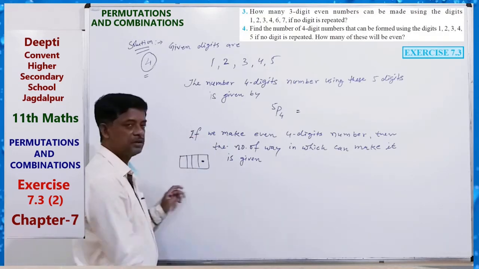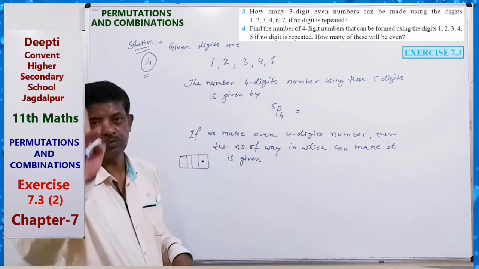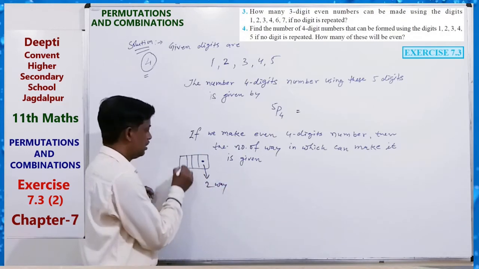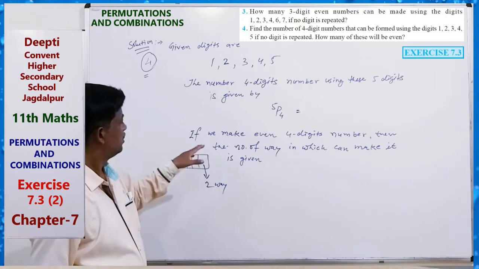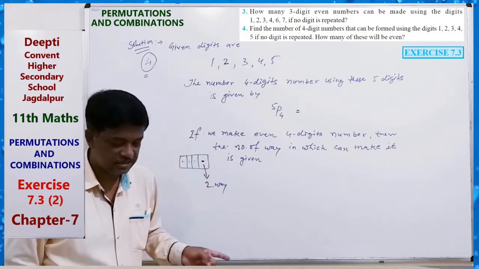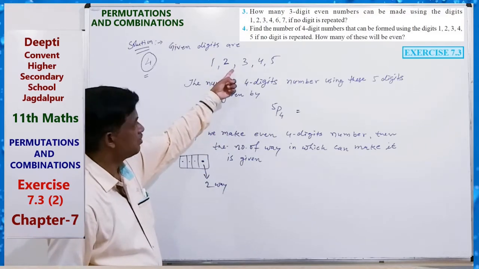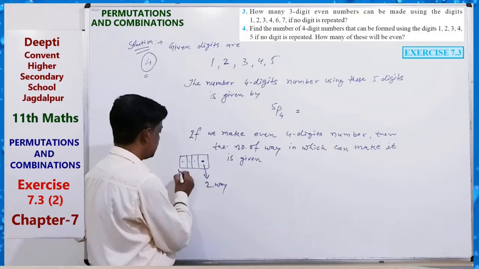The unit place will be filled by 2 and 4, so 2 ways. And the remaining 3 places can be filled by selecting 3 and arranging in a definite order from the remaining 4 digits. So 4p3.